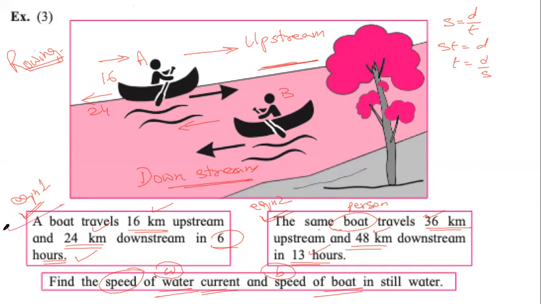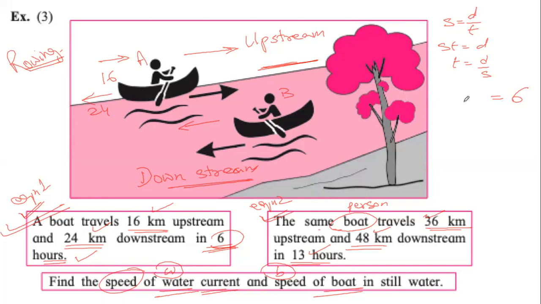Now, if you look at the first part, it says 16 kilometers and 24 kilometers, and we will try to keep time on the right hand side. So if we have total time on the right hand side, this 6 hours is the total time, which is a combination of the time taken to go upstream and the time taken to go downstream.